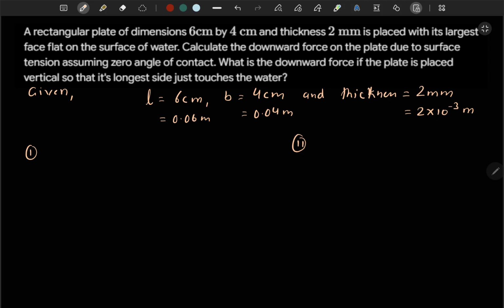In the first case, the plate is placed with its largest face flat on the surface of water. So just like this. The rectangular plate is placed like this, and here is the water.